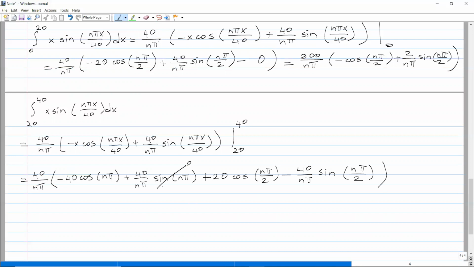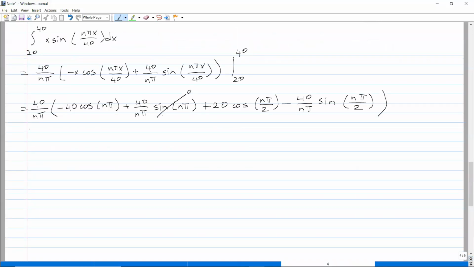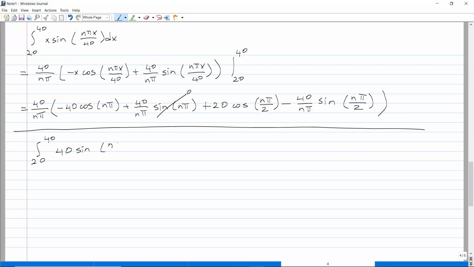Okay. Now we have one more integral. Let's see, what was the integral? We also have this integral. So this is one integral. Now the last one, we have from 20 to 40, 40 times sine n pi x over 40.